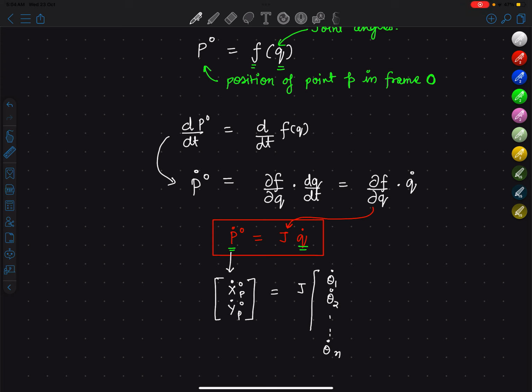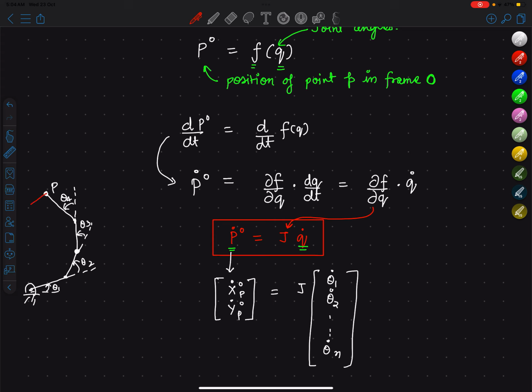Let's say we have a manipulator which has n joints but is restricted to a 2D plane, and this is the point P. These are theta 1, theta 2, theta 3, theta 4, and each joint is moving with some angular velocity theta 1 dot, theta 2 dot, theta 3 dot, theta 4 dot. So what will be the velocity of P?